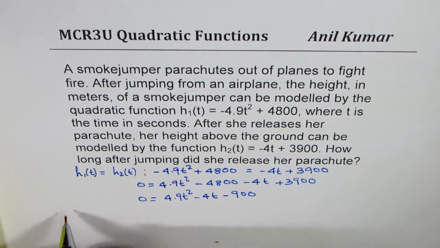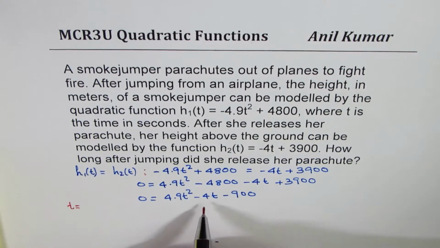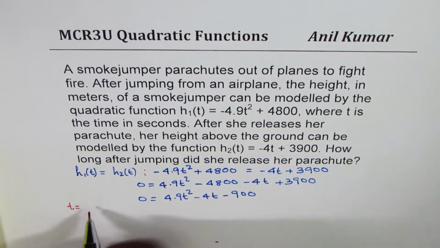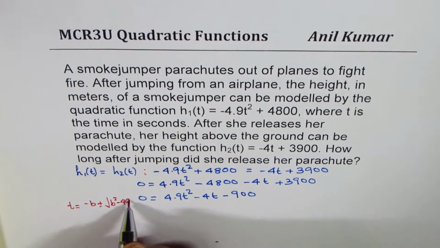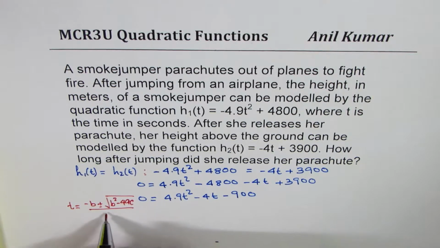So the quadratic formula, as you know, is t equals minus b plus minus square root of b square minus 4ac over 2a, right? So we'll use this formula to calculate time.